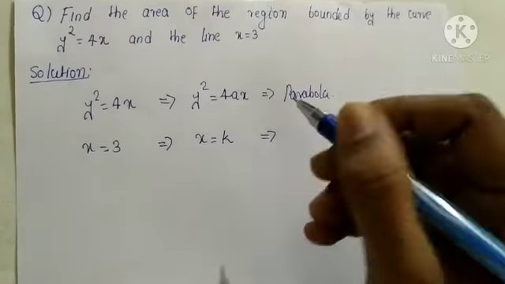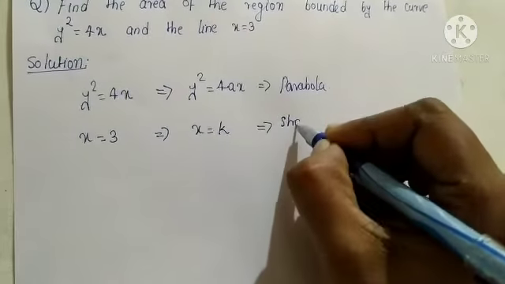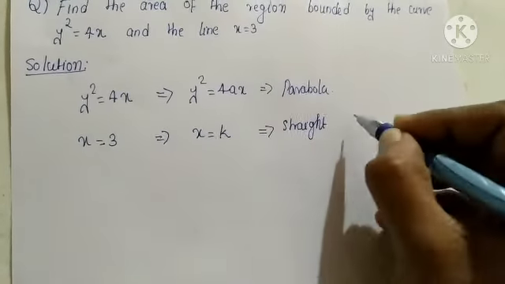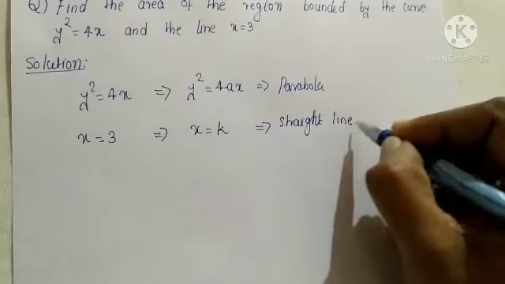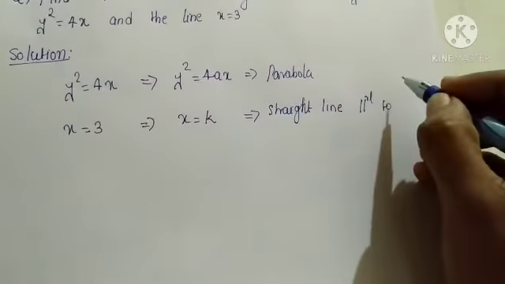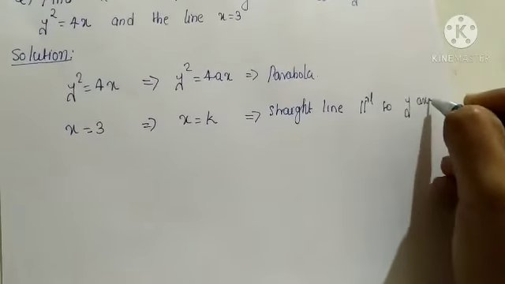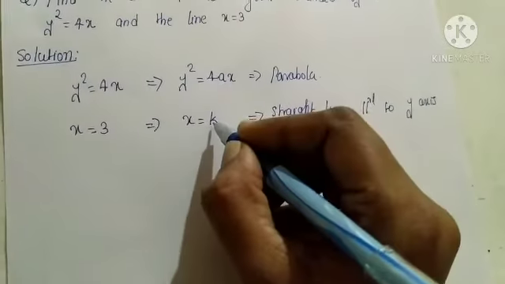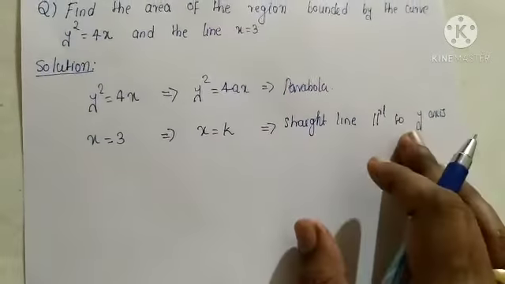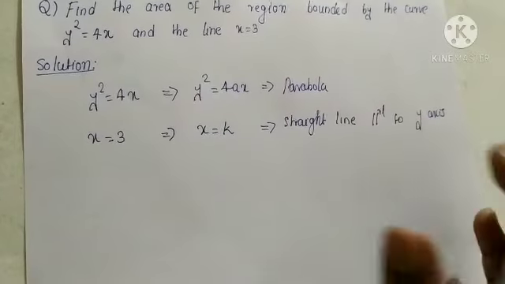So this is a straight line. This is the equation of a straight line parallel to y-axis. Okay, because k is positive. Here 3 is positive, so it's parallel to y-axis and on the positive side.